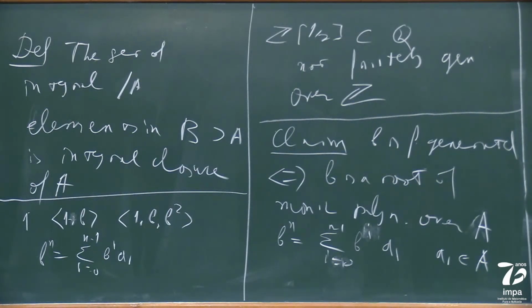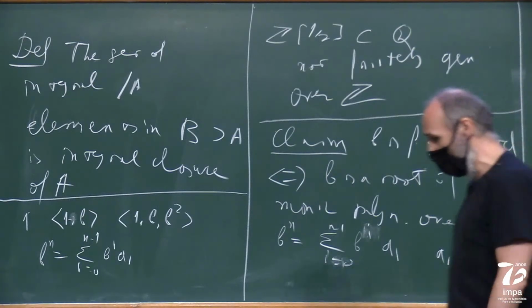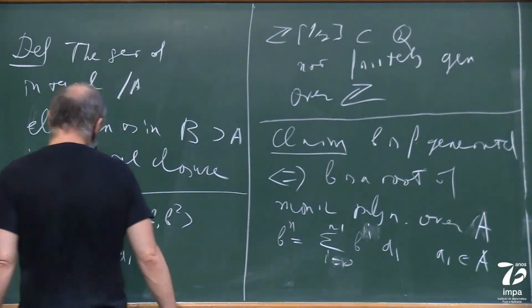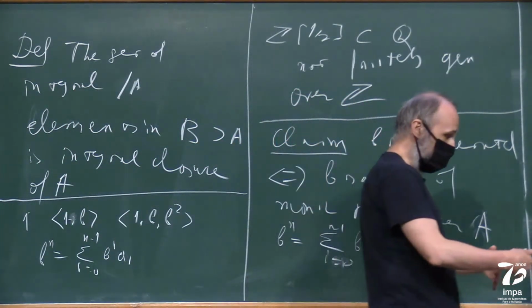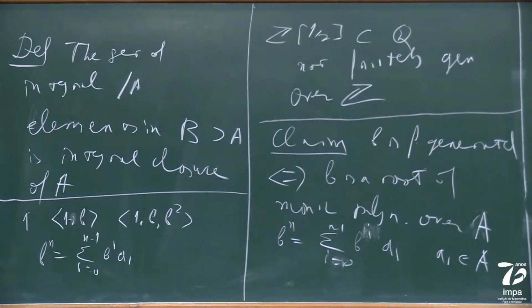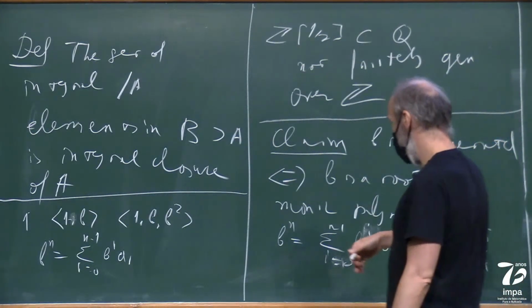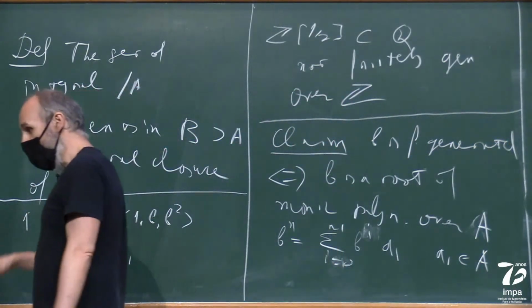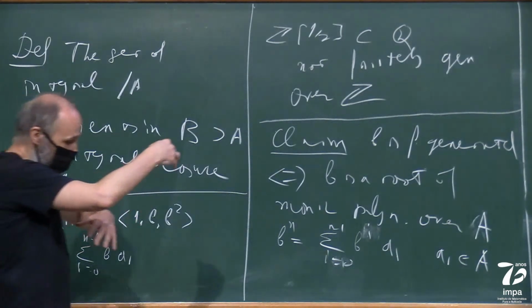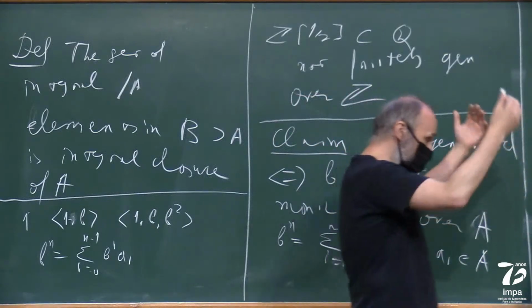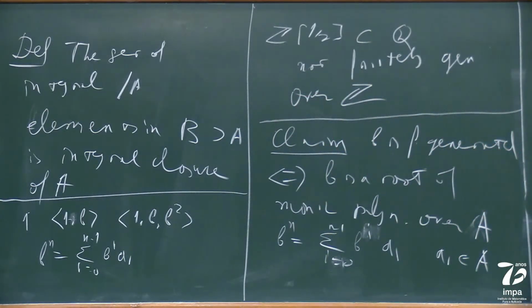This is standard in algebra, in Galois theory. How do you prove it? You just check that the module generated by the first is finitely generated. It gives you a subring, which is finitely generated, and then you add the second, which is a root of a monic polynomial, so it's finitely generated over the first ring. So if you add two of them, it will be finitely generated over the first ring. So you iterate this construction.